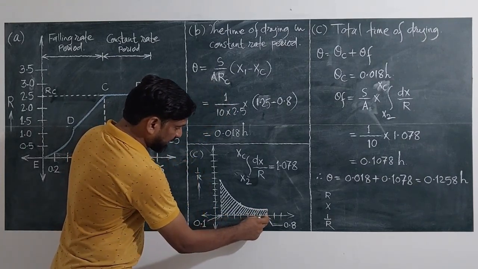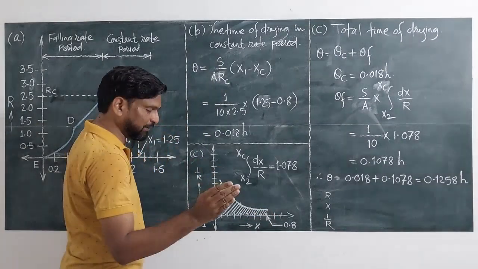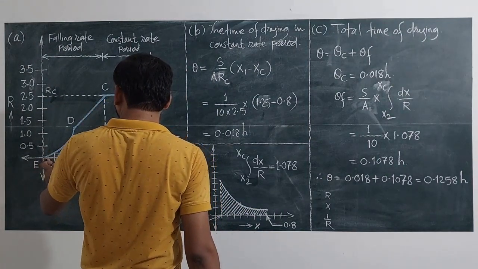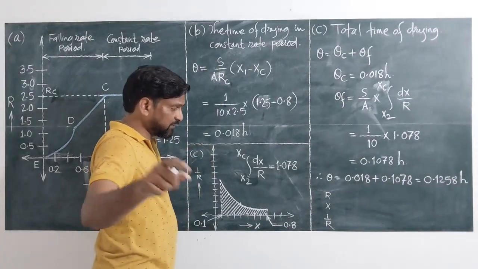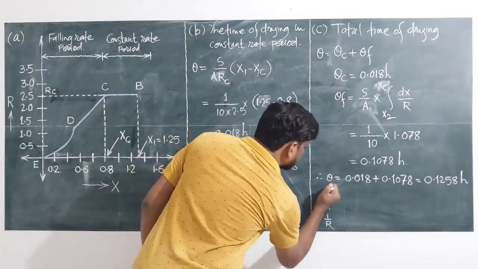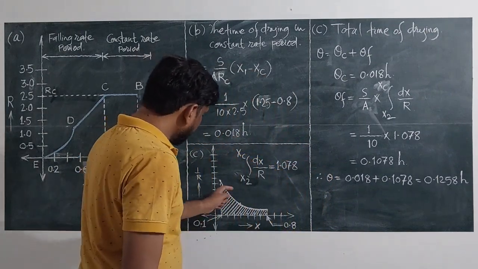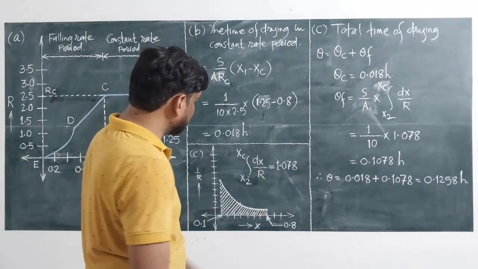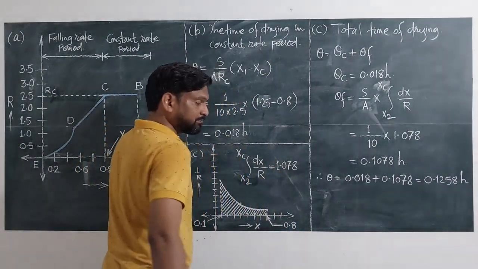The material has to be dried between 0.8 to 0.1 in the falling rate period, from point C to 0.1, somewhere here. That is the condition in the problem. So this area under the curve, if we calculate it on the graph sheet, we will get equal to 1.078.